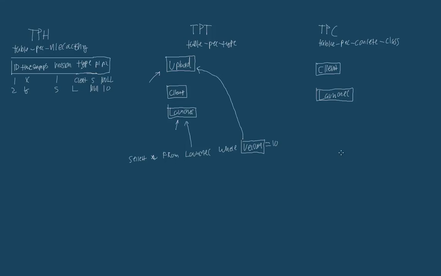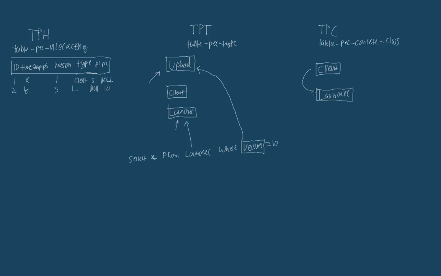If we do need to do an abstract query that queries for both clients and launchers, we simply do a union of these two tables. Now, a union isn't a particularly performant bit of SQL, but it is possible. And so in the rare case that we ever need to do a query for all things that are uploads, we can do so.